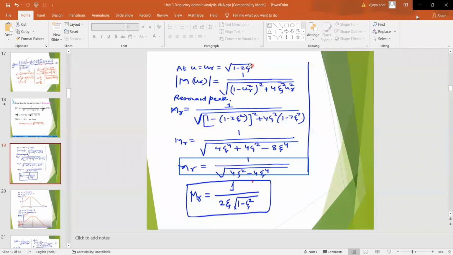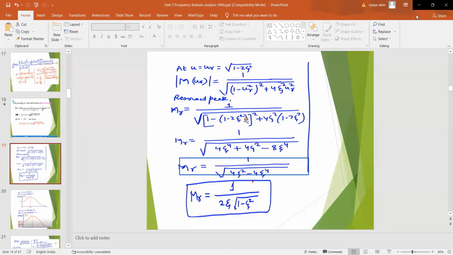So put this equation over here instead of u r and simplify. You will get the equation for resonant peak. M R is equal to 1 divided by under root of bracket 1 minus, what is u r? u r is 1 minus 2 zeta square.